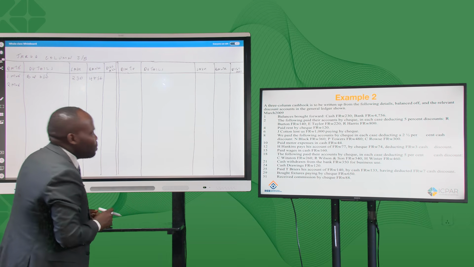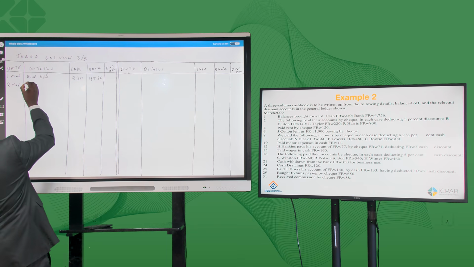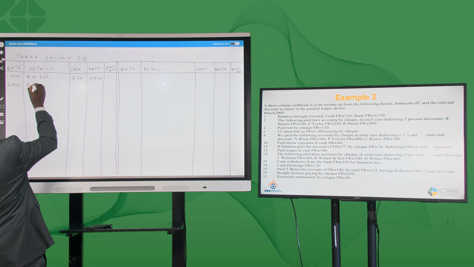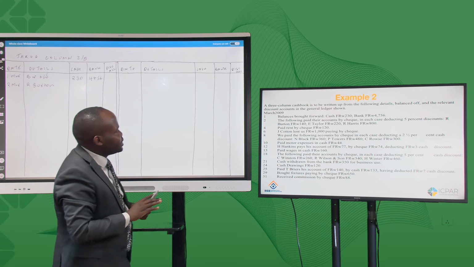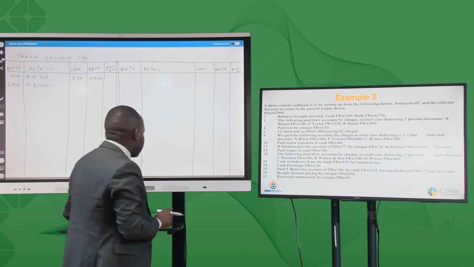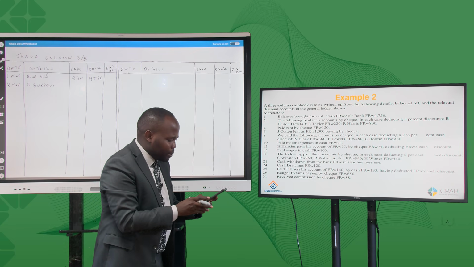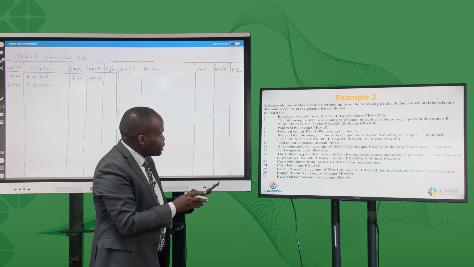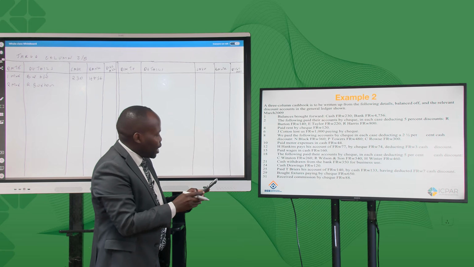So R Barton paid us 140, but we are deducting 5%. So 5% of 140 is 0.05 times 140.